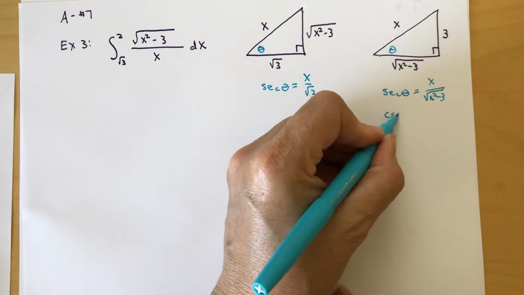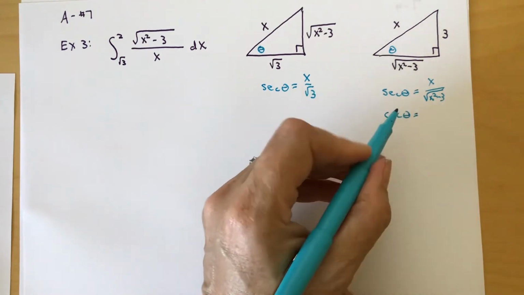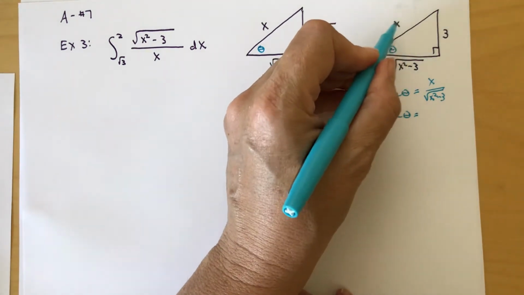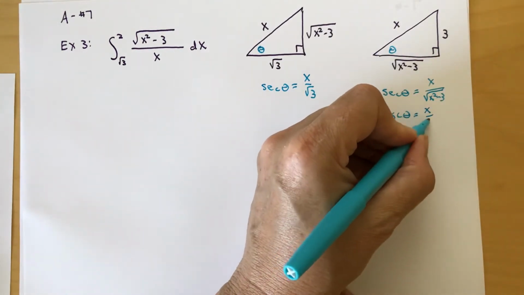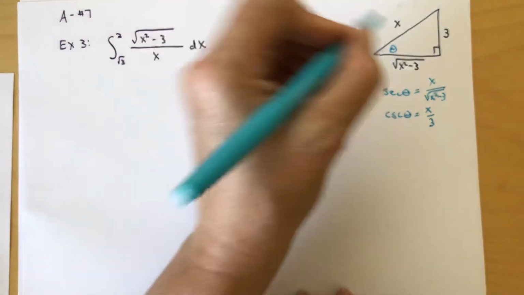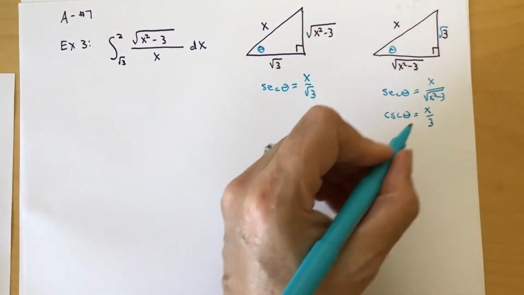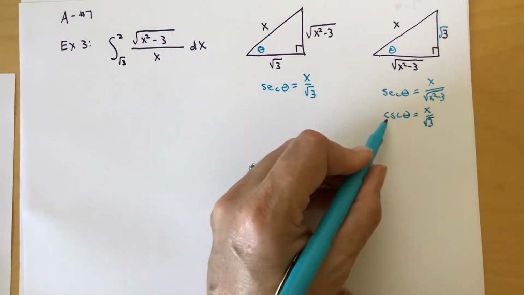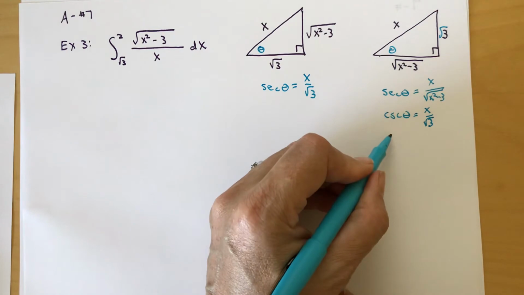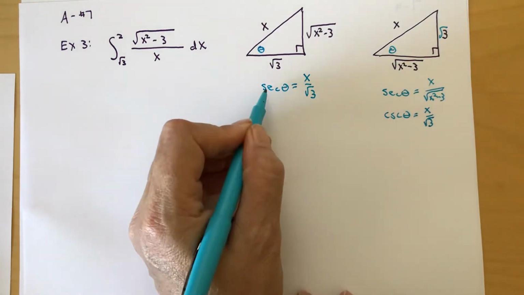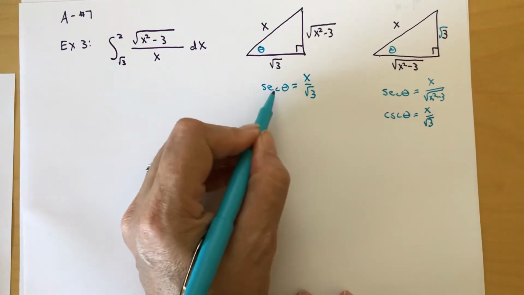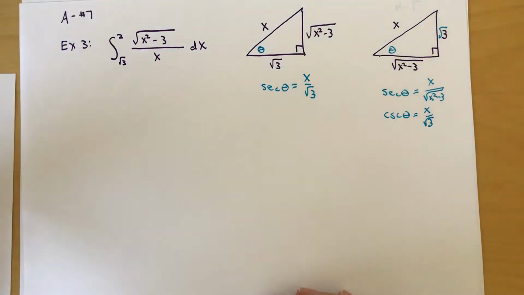You could get away with cosecant, which would be hypotenuse over opposite. Oh, this is root 3, sorry. But then the derivative of cosecant is negative cosecant theta cotangent theta, and you may as well do it this way so that you avoid having the negative in there.